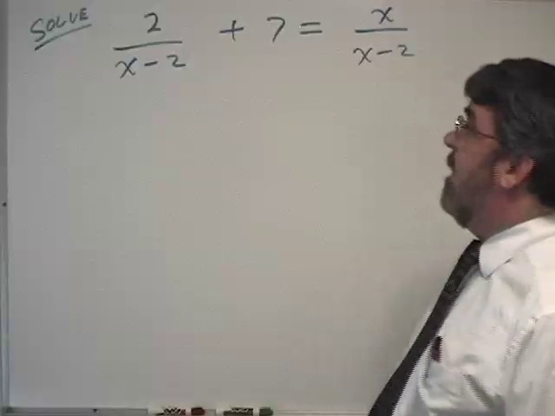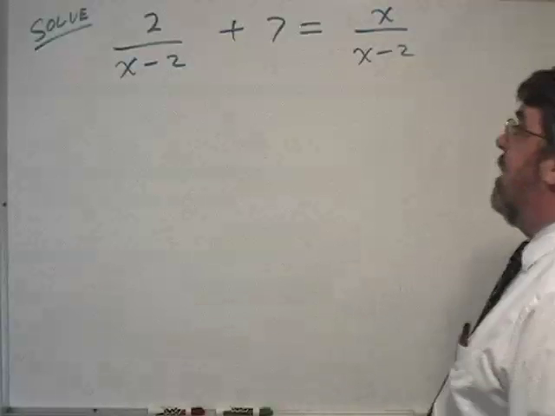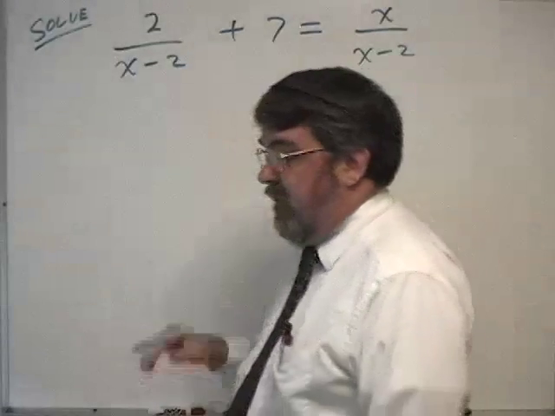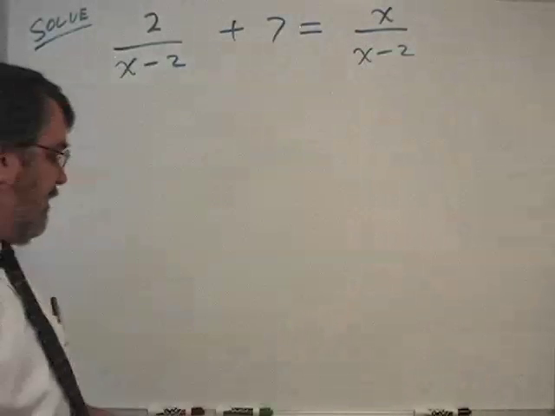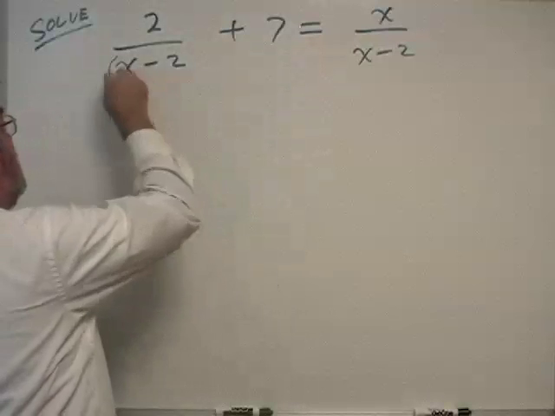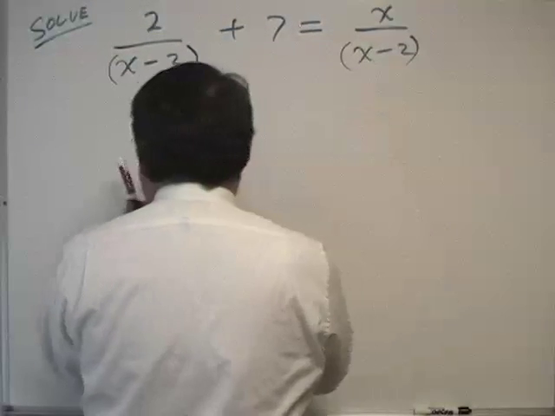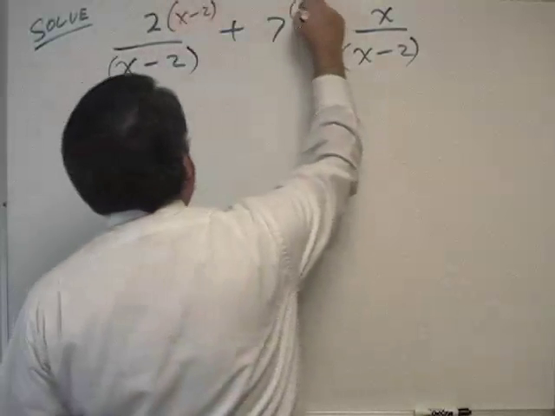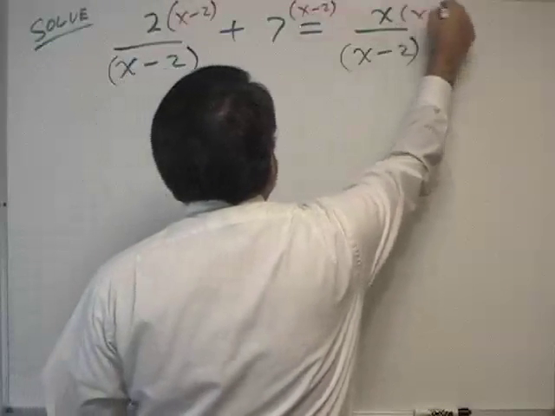Alright, so looking at this, let's do the normal thing. Our common denominator would be x minus 2. So I'm going to multiply each part by x minus 2. Let me put these in parentheses. Okay, so this gets x minus 2, and x minus 2.